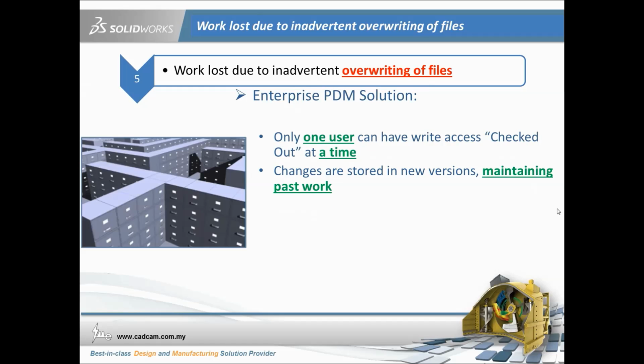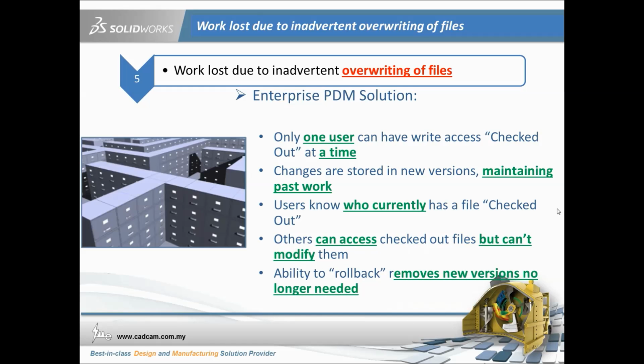The changes, as we said just now, by using the versioning features in EPDM, you can store the new version by the check-in and maintain the past work. So therefore, you won't have your old previous version overwritten. The user also will be able to know who is the current user accessing the file by checking out the file.